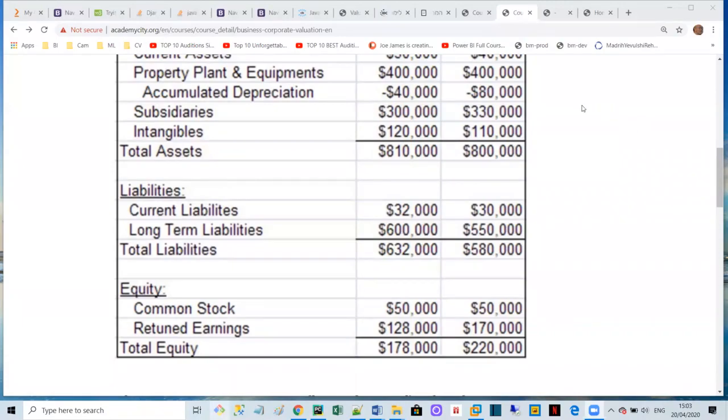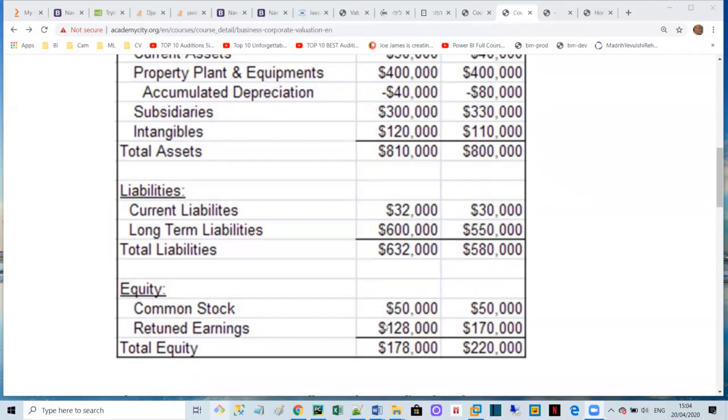So the 50,000 is the amount of money the company has raised to start their operation. On the other hand, retained earnings is how much money the company has made as a profit since it was established, minus the dividend they have distributed since it was established.